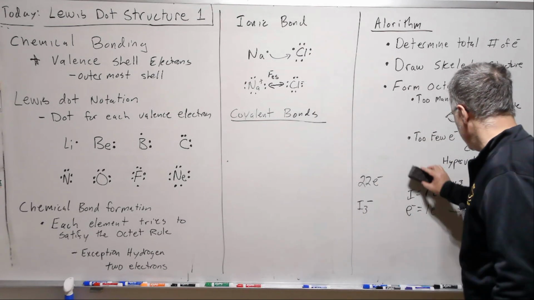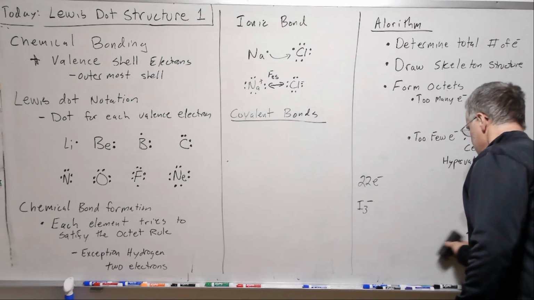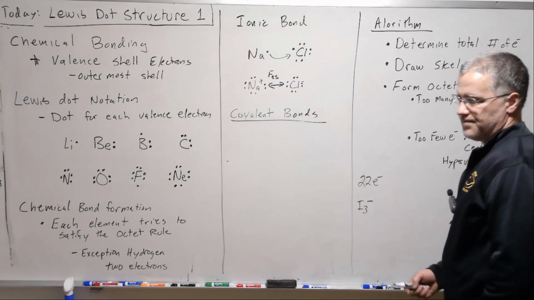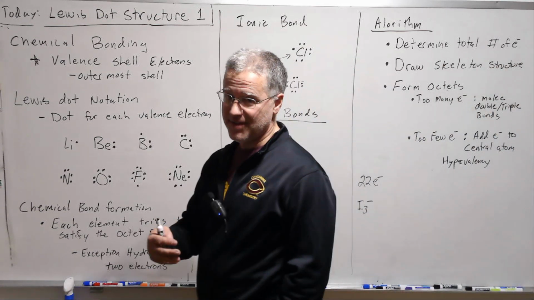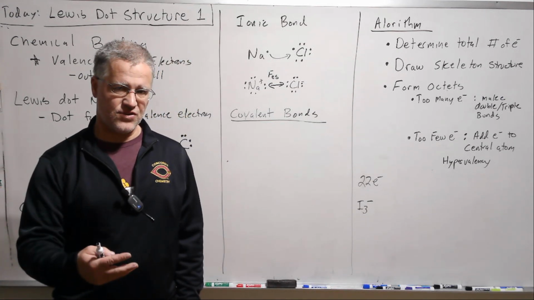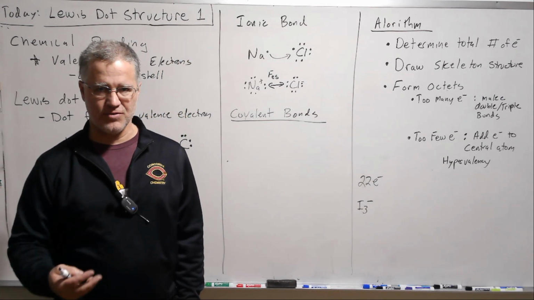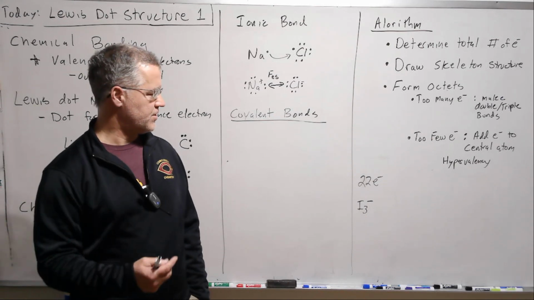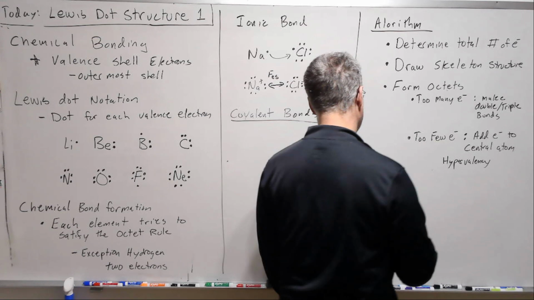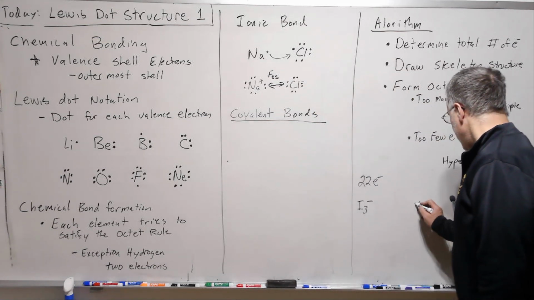Let's go ahead now and draw a skeleton structure. Well, iodine is not really a good candidate for a central atom. It wouldn't be central if, say, carbon was present, but there's nothing else there. There's iodine, and we don't make rings, right?